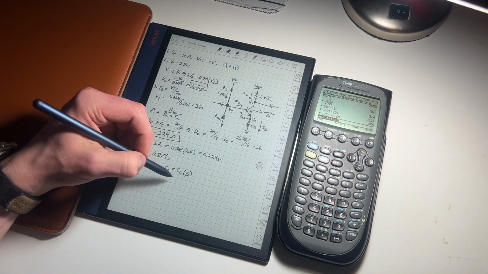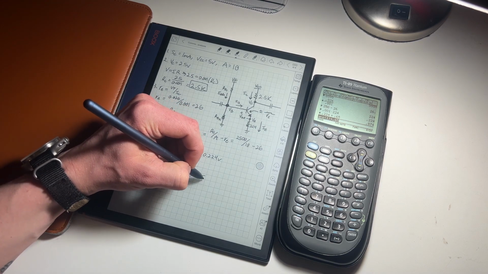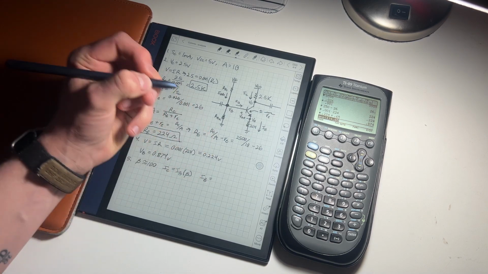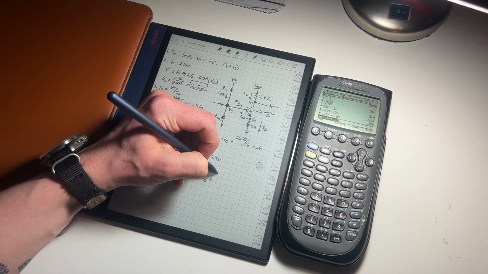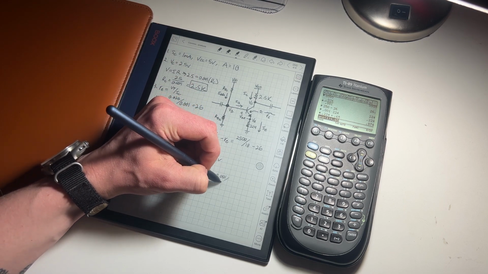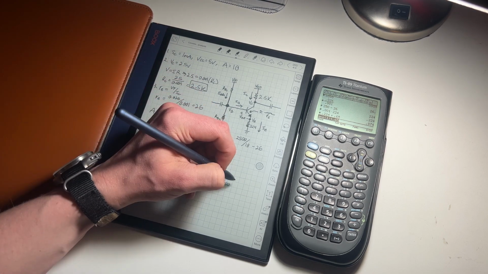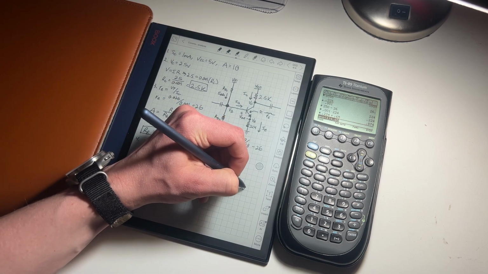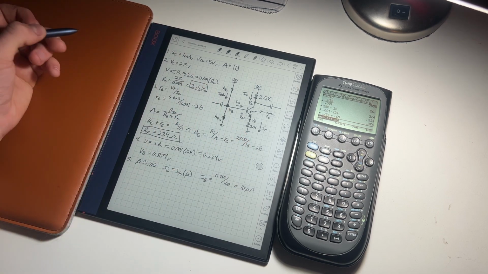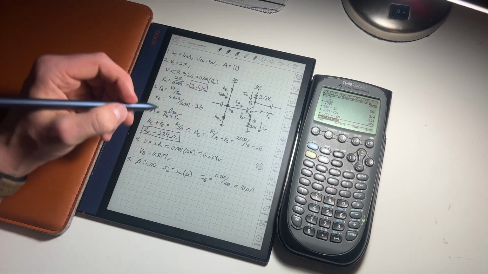So rearranging this, we can find that IB, or the base current, equals 1 milliamp, 0.001, divided by 100, which equals 10 microamps of current flowing into the base.